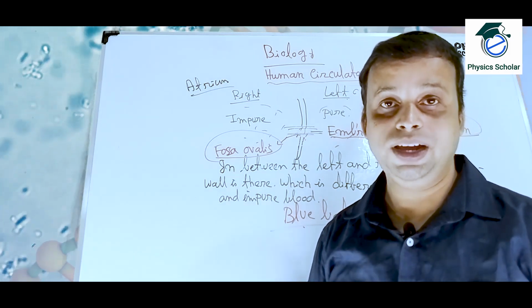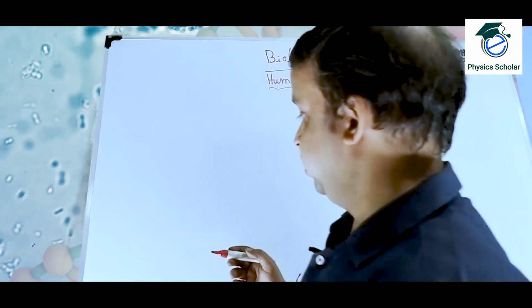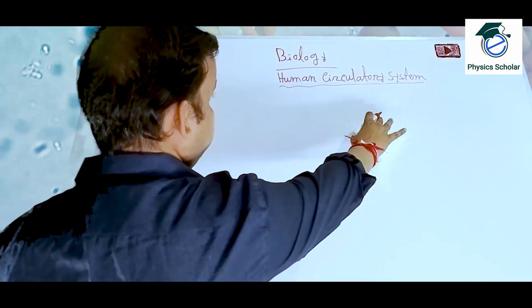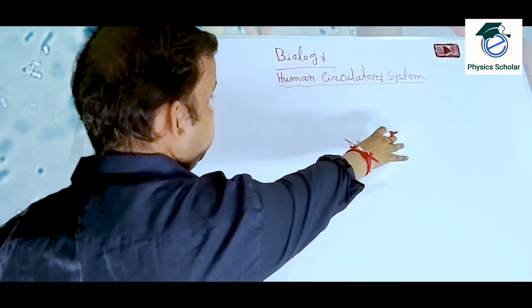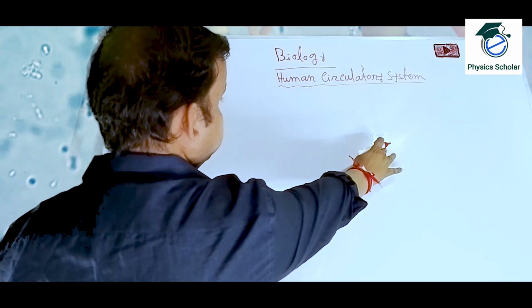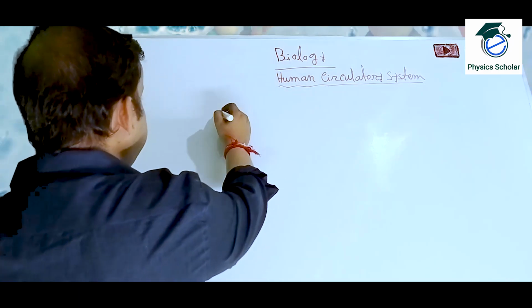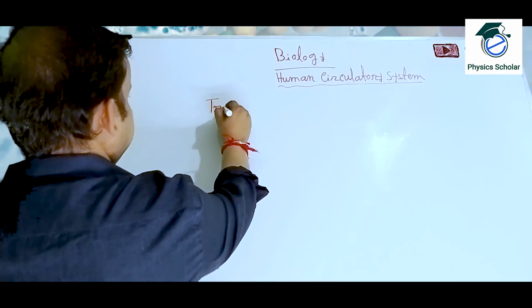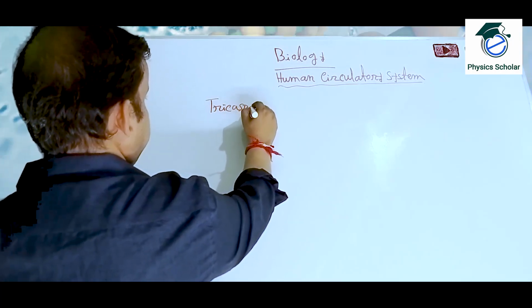Now let us move to the next part. In case of the mitral valve, I have discussed that it is situated between the left atrium and left ventricle. So here a valve should be there, that is known as the tricuspid valve.